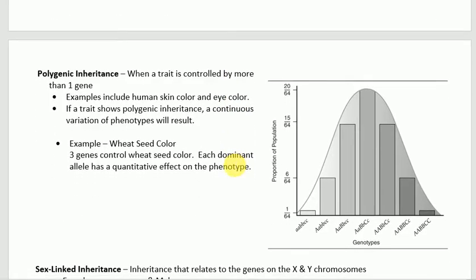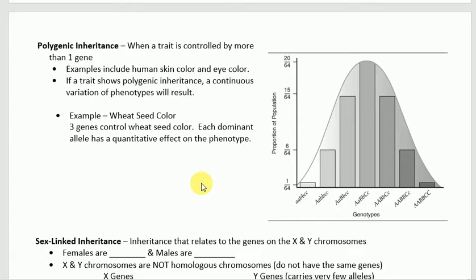Now we're going to talk about polygenic inheritance. This is when a trait is controlled by more than one gene. For example, we've got human skin color and eye color. If a trait shows polygenic inheritance, there's continuous variation and multiple phenotypes result.